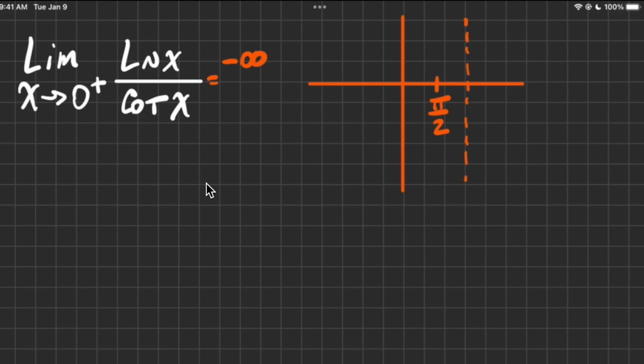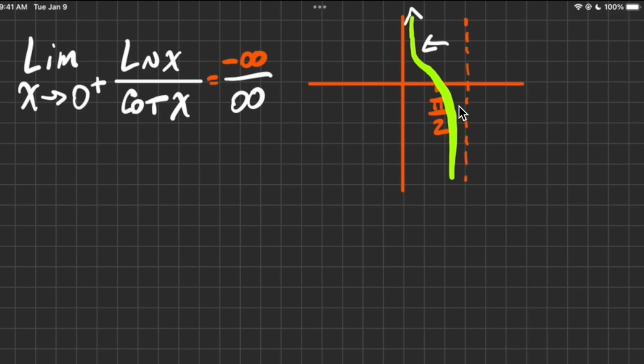So the cotangent function looks something like this. Therefore, as you approach 0 from the right side, the cotangent is approaching infinity. So we have negative infinity over infinity, and that is L'Hopital's friendly.